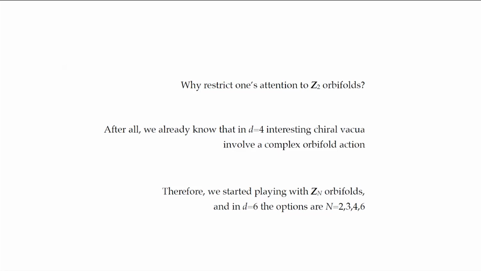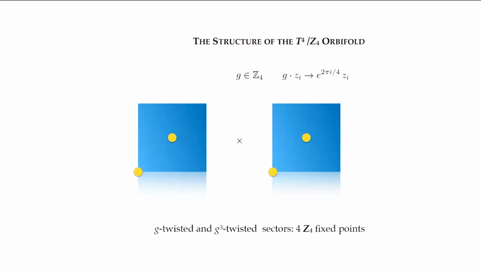So let me start with the Z4, and just a little bit on the geometry of the Z4 orbifold, T4 over Z4, which I need later on in order to understand what's happening in this kind of orientifold vacuum.